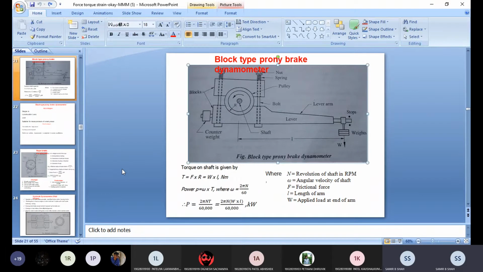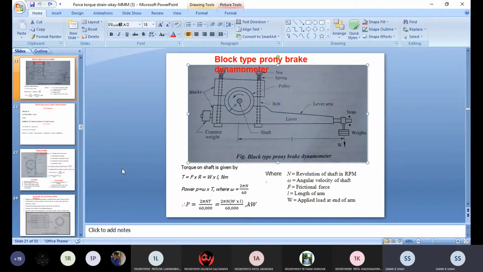If we talk about the advantage, then the Prony brake is inexpensive, but it is difficult to adjust. If we talk about the cost, then as discussed earlier, less cost.